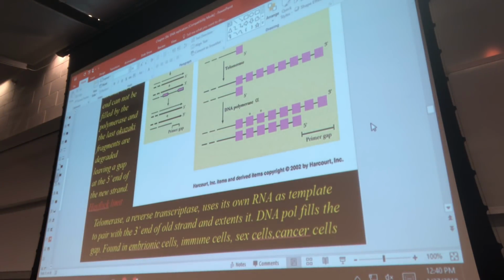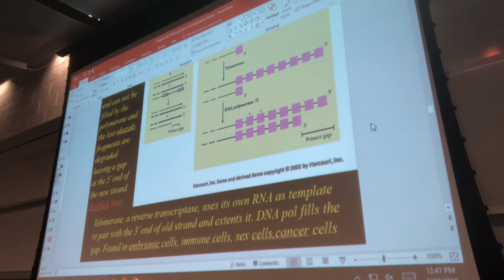But bottom line, what a reverse transcriptase does is it uses RNA as a template to make DNA. So I'll go over that in more detail when we run into that. What else is important here? Oh yeah, and what cells you're going to find active telomerase in. The bottom line is, if it's cells that replicate very quickly, you need to have telomerase in there.